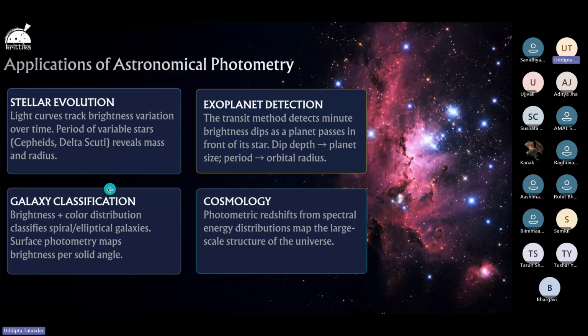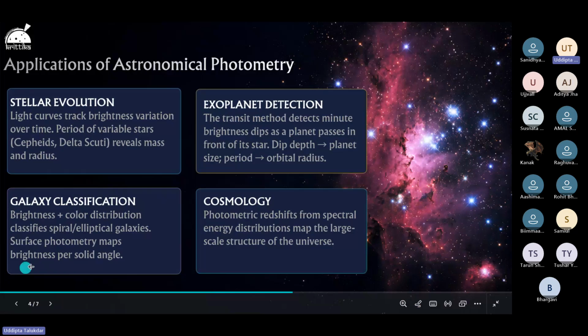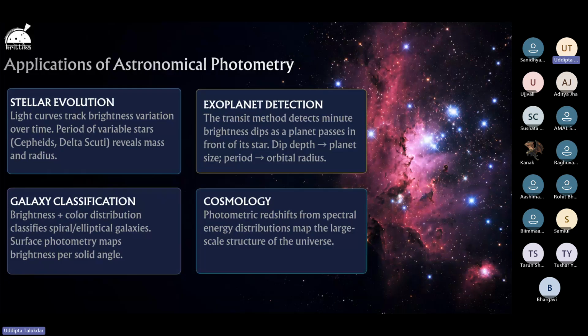Spiral galaxies have bright cores that fade gradually outward. Elliptical galaxies are smooth blobs of uniform brightness. By measuring how brightness changes as you move from center to edge, called surface photometry, you classify a galaxy without even taking a spectrum. Color also helps. Old ellipticals look red, young spirals look blue.